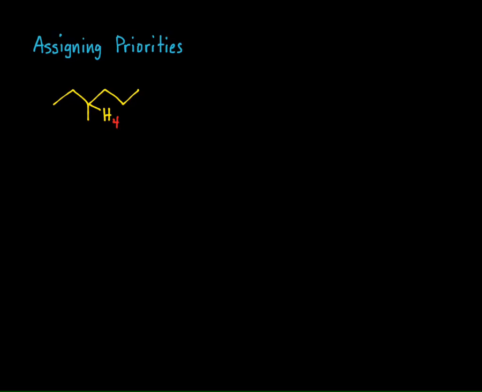And then I have 3 carbons attached. Again, remember, I then keep going until I get to a point of difference. And so the methyl would take the third lowest priority. The ethyl would take second lowest priority, and the propyl group would take the first priority. And that's how I would assign priorities.